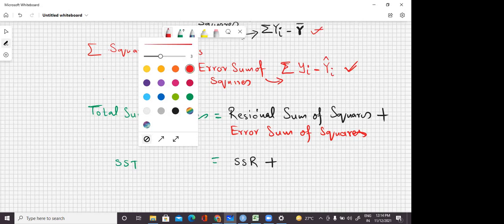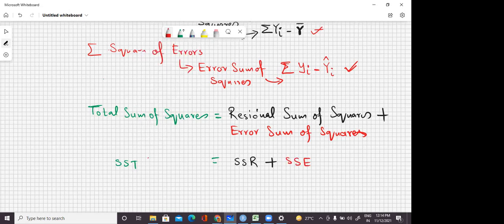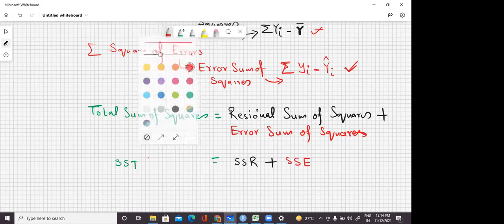Now the ratio we calculate, which we call R square, is this one.